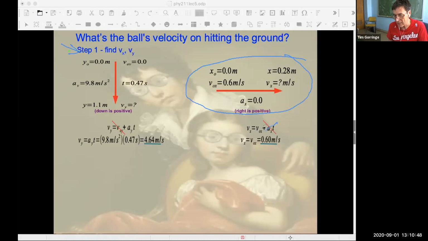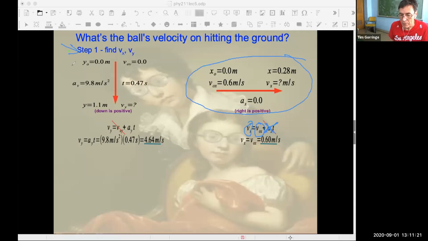In this case, the acceleration is 0. So the second piece on the right vanishes, and the final velocity, Vx, is simply equal to the initial velocity, V naught x. This just proves through the equation what our intuition told us, that the final velocity is equal to the initial velocity, 0.6 meters per second, because there's no acceleration. So that was really easy.